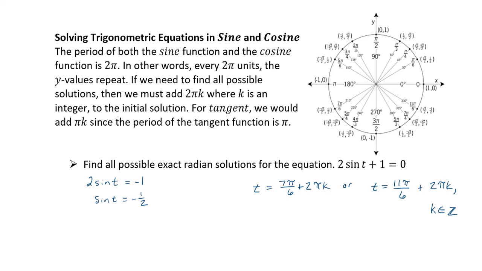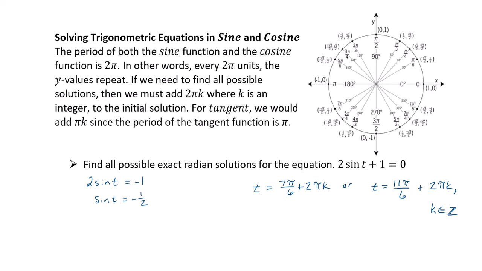So if k were 0, this whole term would go away and we'd have 7 pi over 6. If we had k is 1, then 2 pi would be added to the 7 pi over 6.